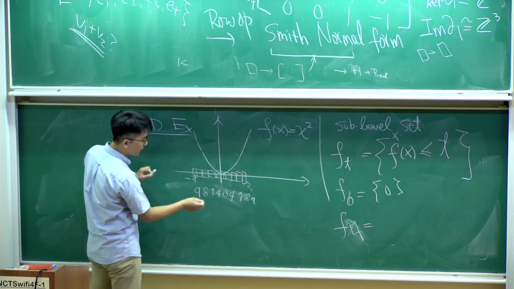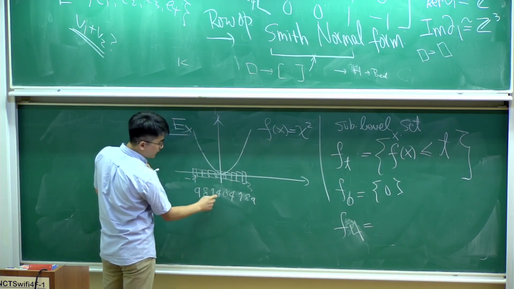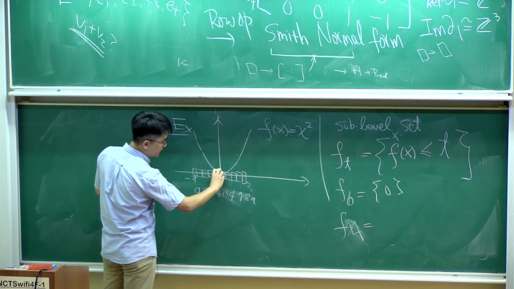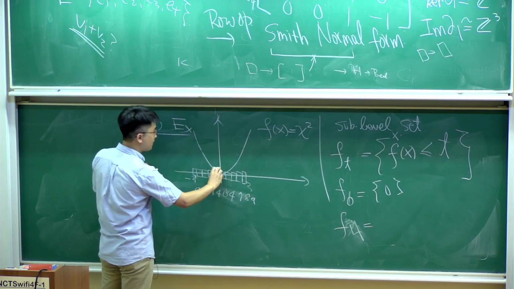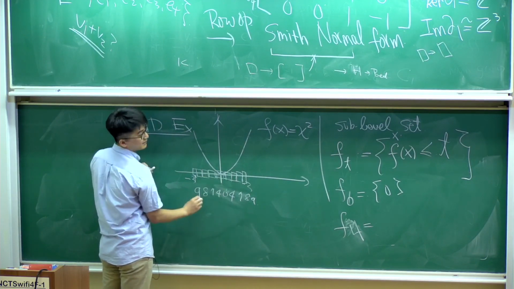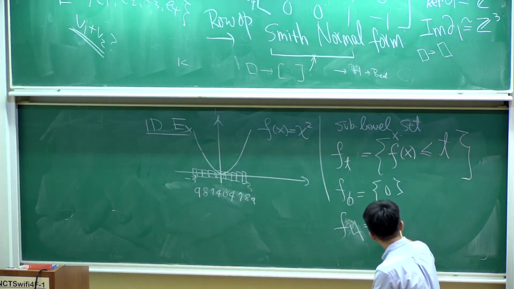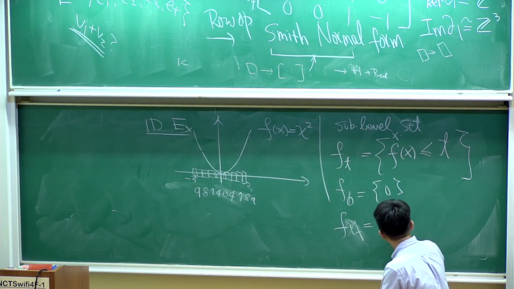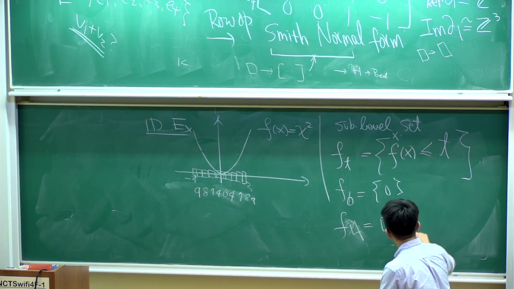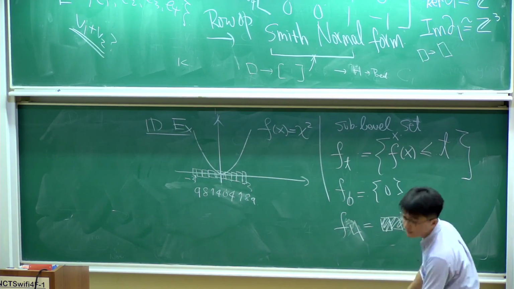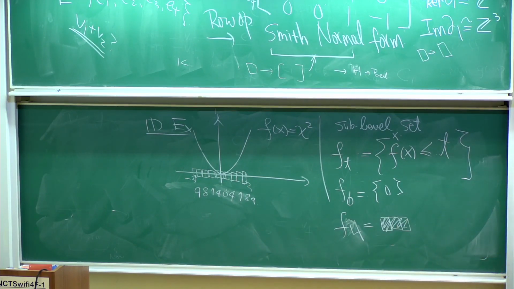So in a way, you can think of it as when t equals 4, this set grew from 1 box to 3 boxes. So when t equals 4, you're going to see the 3 boxes, and so on and so forth.